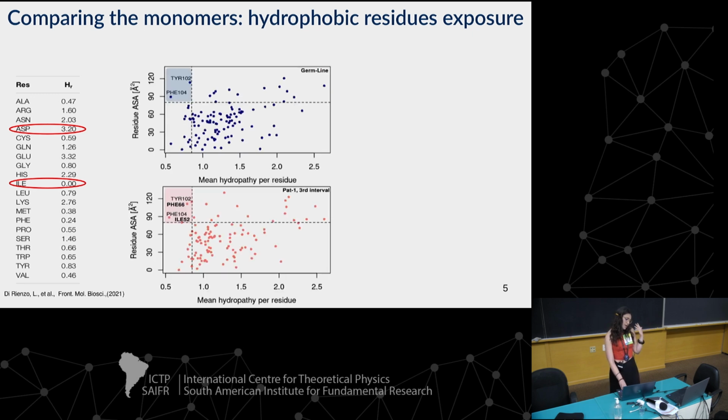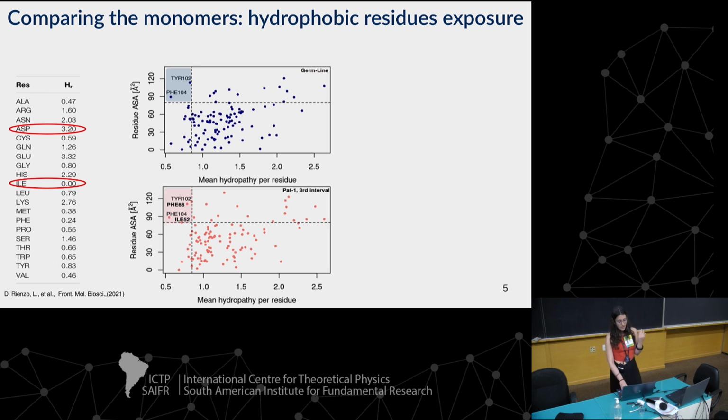We performed an analysis of the solvent accessible area against the mean hydropathy per residue, averaging the results per each residue in the sequence over the dynamics. Looking at the top left corner of these scatter plots, which refers to the most exposed and least hydrophilic residues, you can see that the mutant displays some residues that remain buried in the structure of the germline.